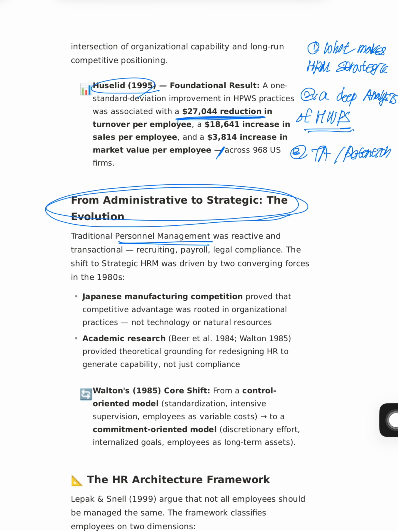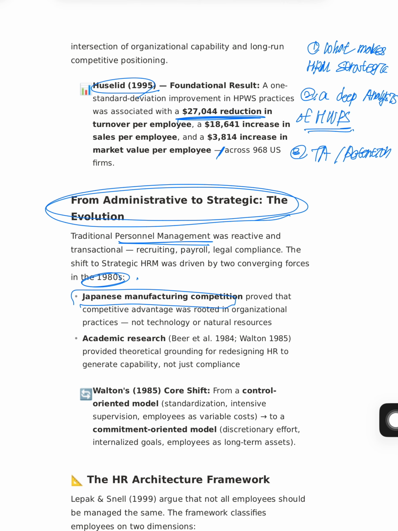The shift toward strategic HRM began in the early 1980s, driven by two converging forces. First, the rise of Japanese manufacturing competition.